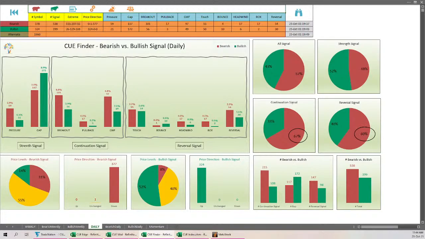Reversal is also more than 60% bearish. So we could look for reversal signals, which could be headwind reversal trade, box trade, or bounce trade, short setup.